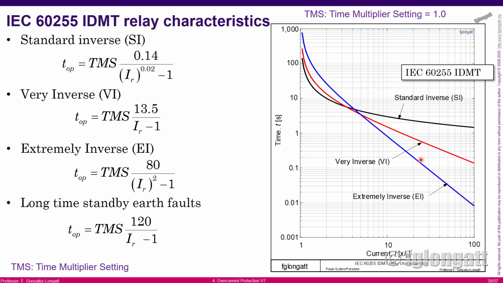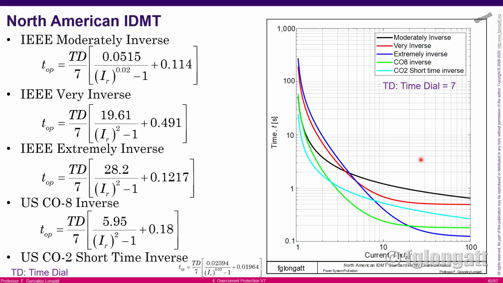And that is extremely helpful when you are making coordination. Today's software can make those calculations for you, but if you want to do it by hand using your classic calculator, those are the equations for the European standard IEC 60255, and this is the equivalent for the American standards.